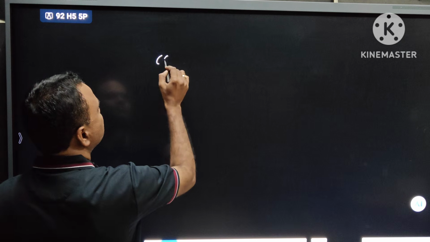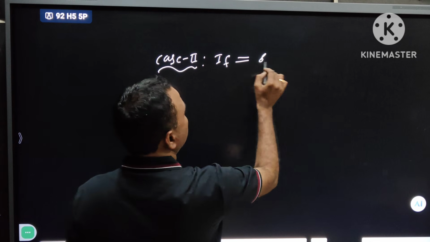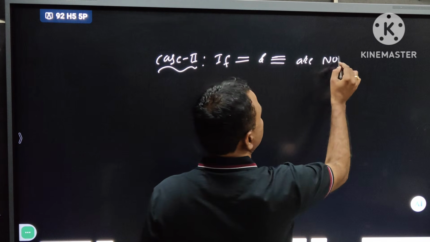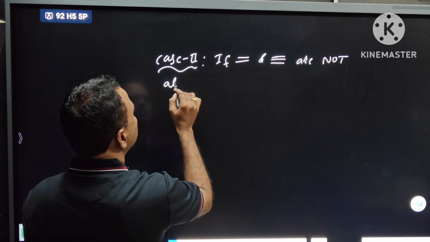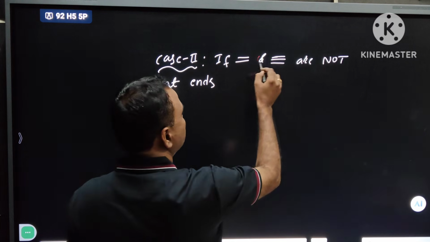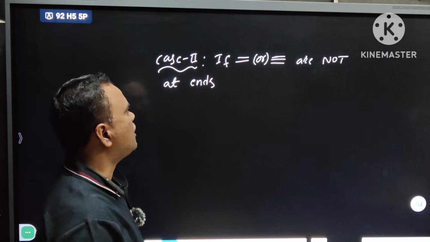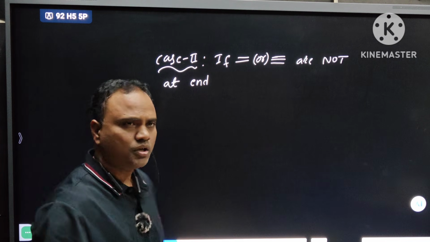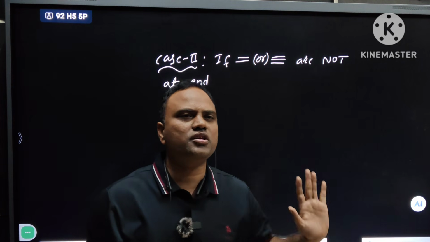Case 2. If double bond and triple bond are not at the ends, meaning if the double bond is present at the end, then the triple bond is not present at the end.